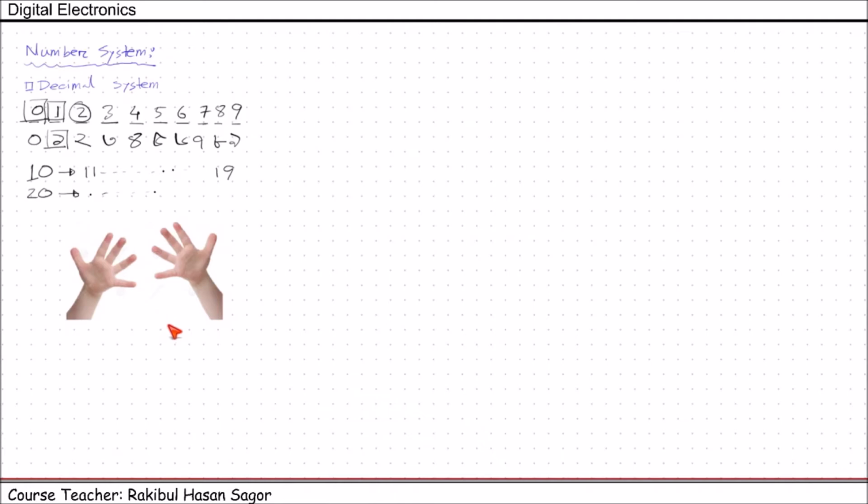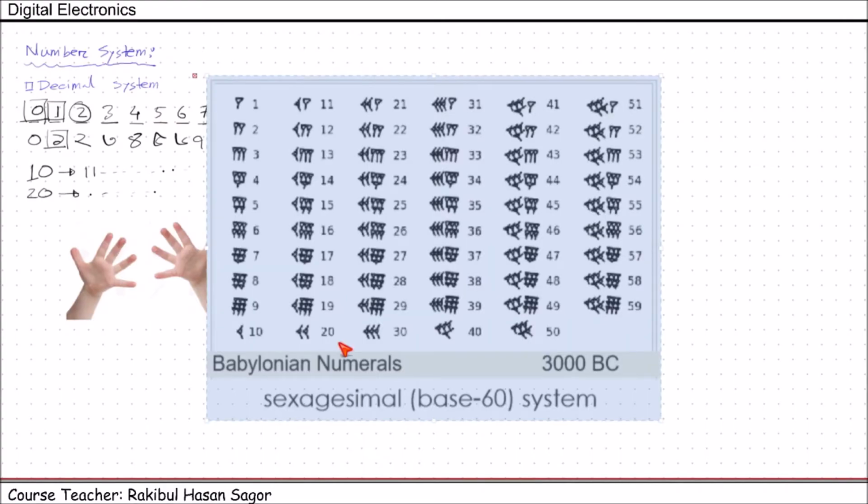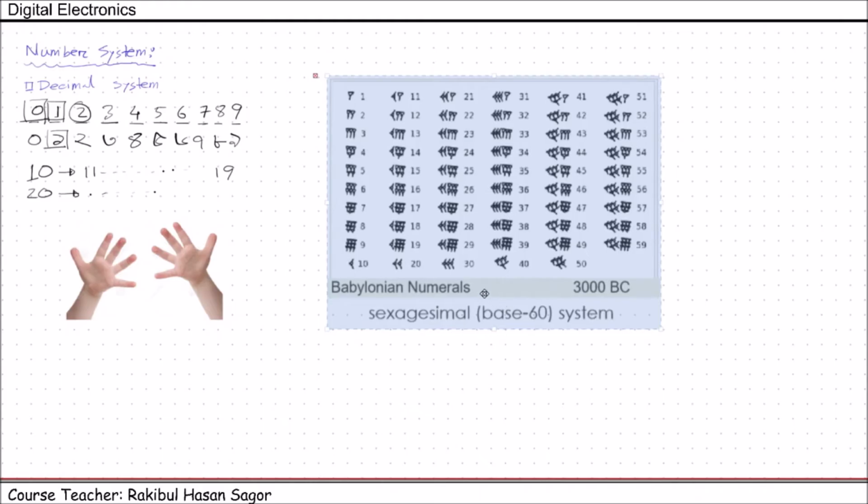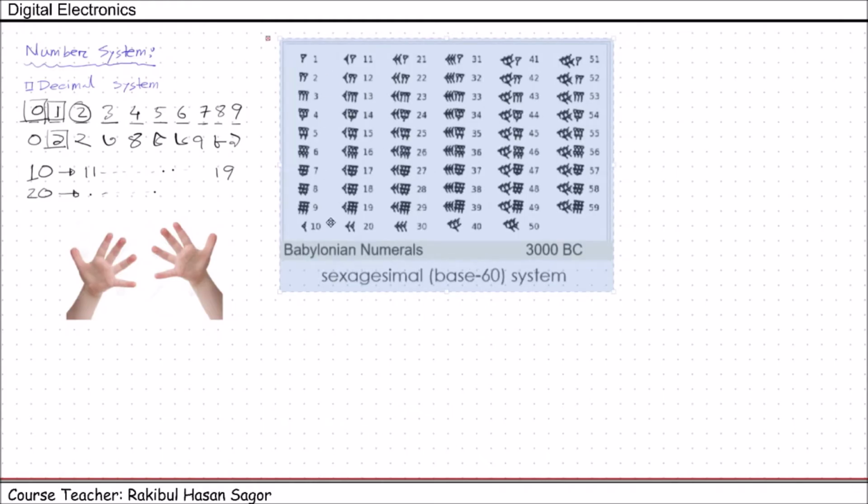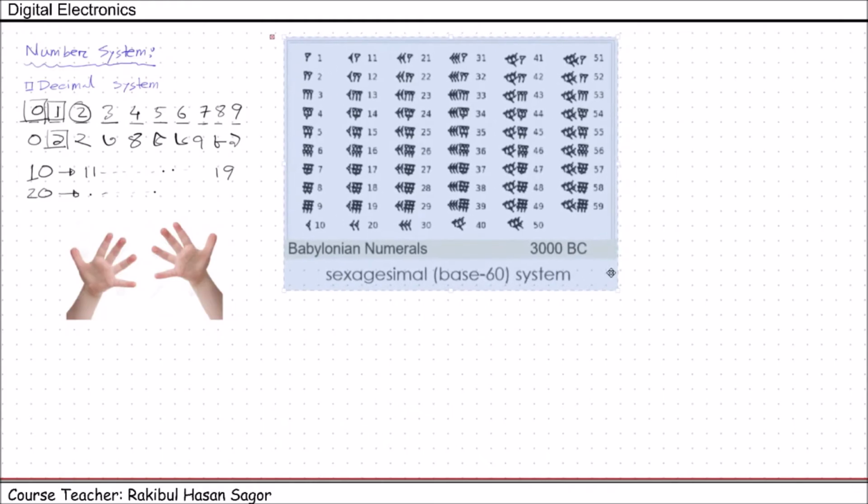Well, there were some other civilizations in earlier days who used a number system other than the decimal number system. For example, the Babylonian numerals used a base 60 number system, that means 60 symbols. Here I want to mention that the number of symbols used in any numbering system or numeral system is called the base.